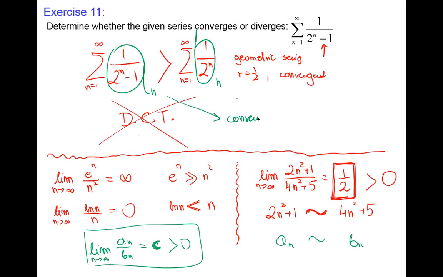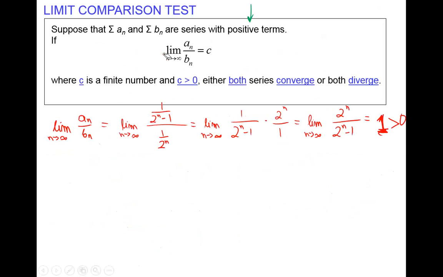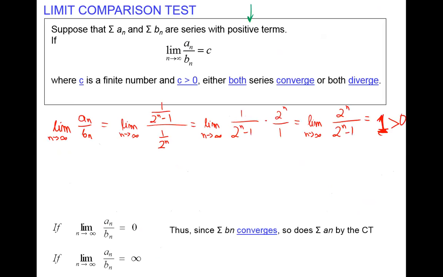It converges by the limit comparison test. Of course, we're comparing with the nice one, 1 over 2 to the n. But please remember, not direct comparison, limit, because direct didn't work. That's a nice tool.